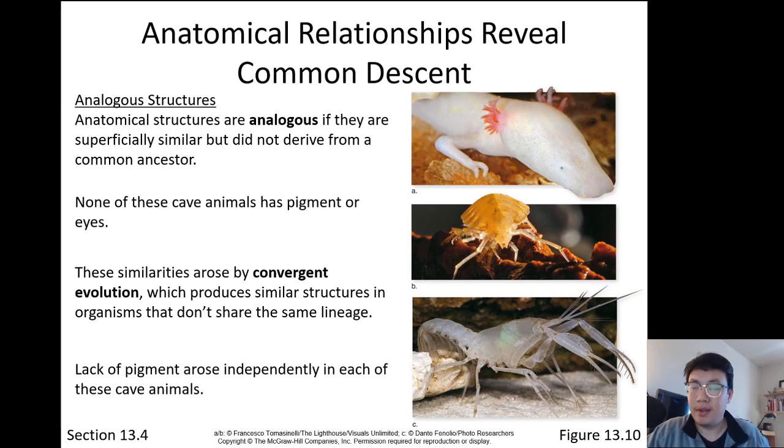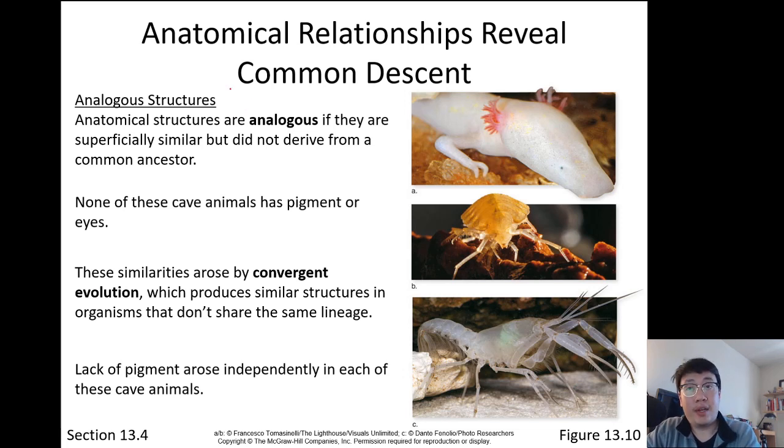Probably not. Does it really need to show a display of beautiful colors to attract a mate? Probably not, because the mate cannot see it. So these are just adaptations that have occurred because there's no point in spending excess energy if you can't even utilize it.